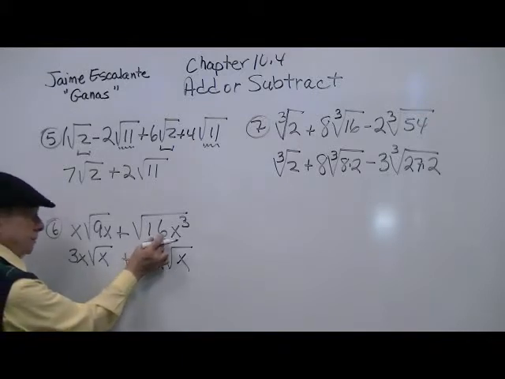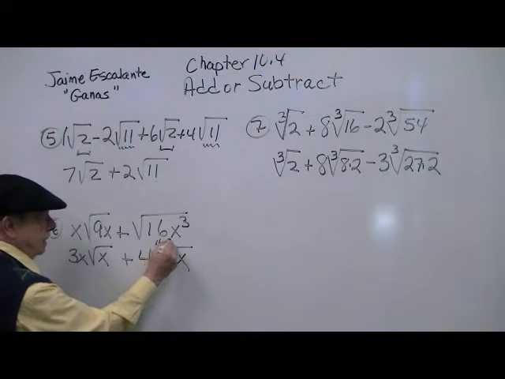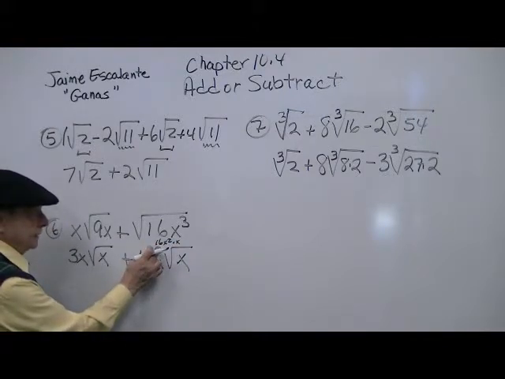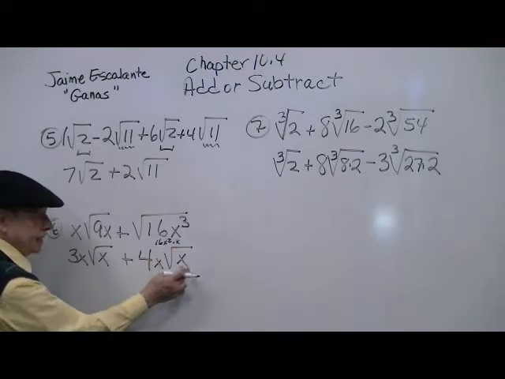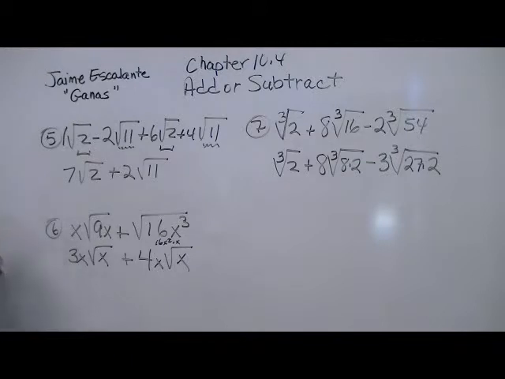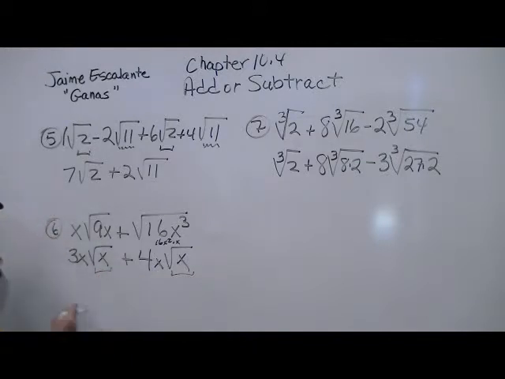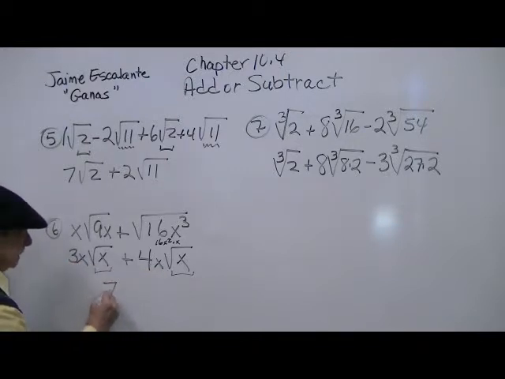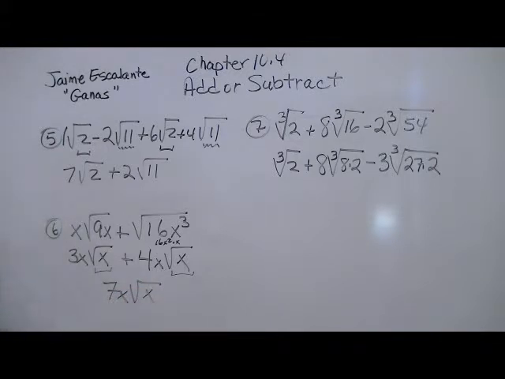So this is a perfect square, like so. So the square root of 16 is 4, square root of x squared is x, and there's an x left under the radical sign. And now we have like terms. So we have 3x and 4x is 7x, the square root of x.